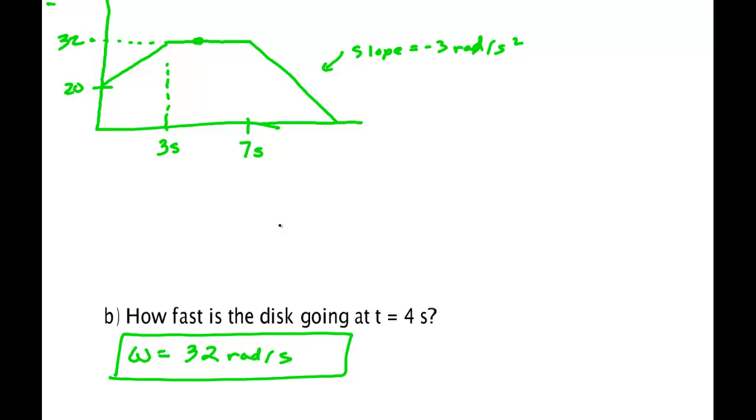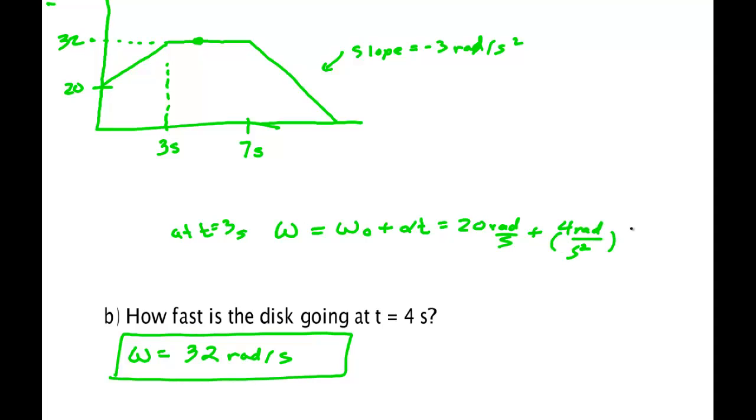I could have said, well, omega at t equal 3, omega is equal to omega naught plus alpha t, which was 20 rad per sec plus 4 rad per sec squared times 3 seconds.